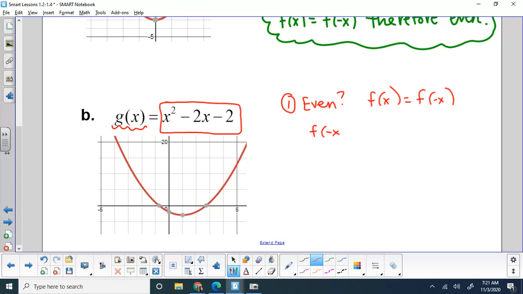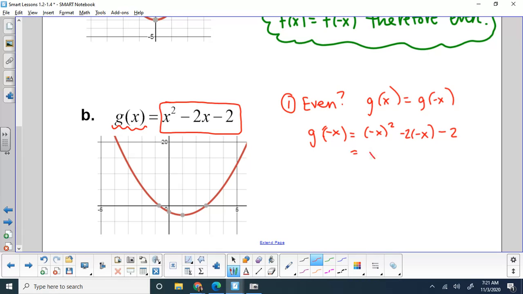So I'm going to go ahead and change out that f for a g here, since this initial function was a g. All right, so we're going to find g of negative x, which in this case would be negative x squared minus 2 times negative x minus 2.